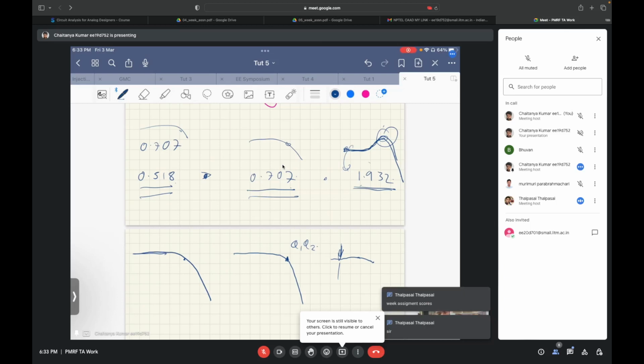Okay, by what time will they be out? So before end of this week, you should be able to get the scores. From week one onwards, all the assignments that you have submitted by end of this week, you will get the scores.